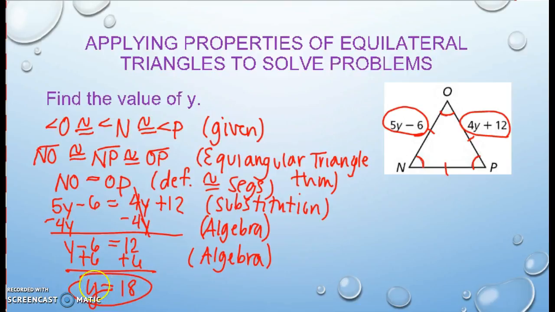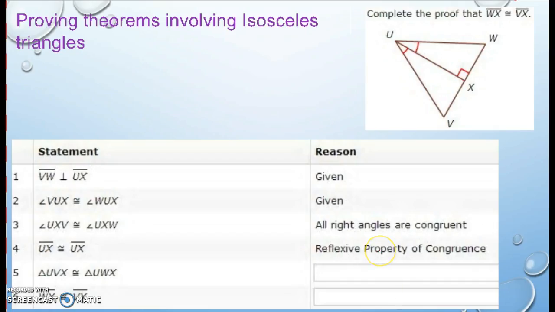Alright, so now that we have applied properties of equilateral and equiangular triangles to solve problems, let's do a couple proofs together to finish up today's recording. So here we are given a diagram, and we are given that angle VUX is congruent to angle WUX.